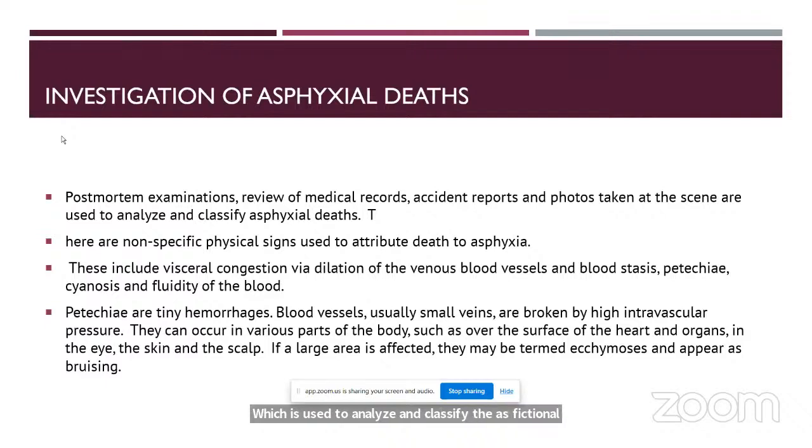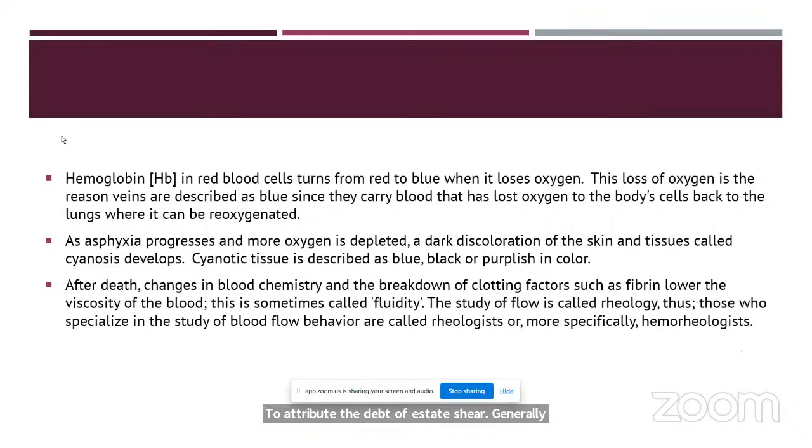Here, non-specific physical signs are used to attribute the death to asphyxia. Generally, the basic procedure is carried out, that is medical assistance and investigating the scene, and findings are used to determine whether the death occurred due to an accidental cause, or whether the nature of the death is homicidal or suicidal.